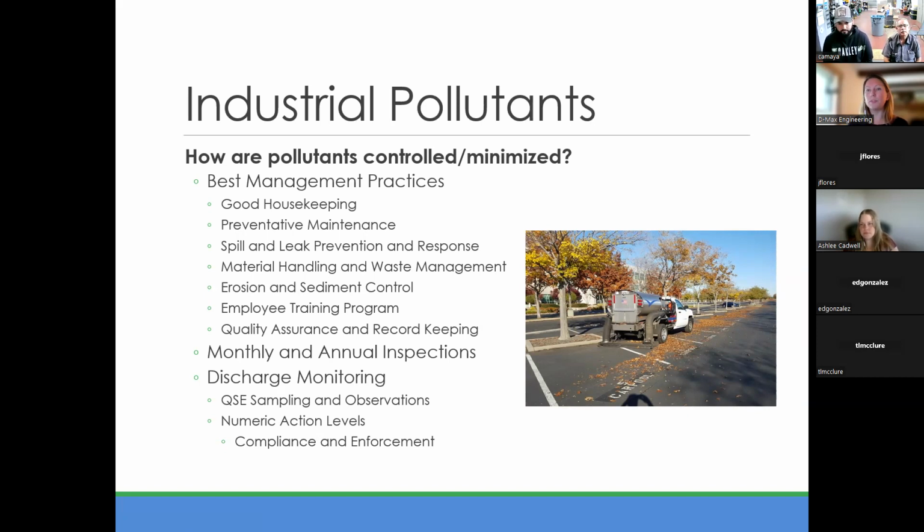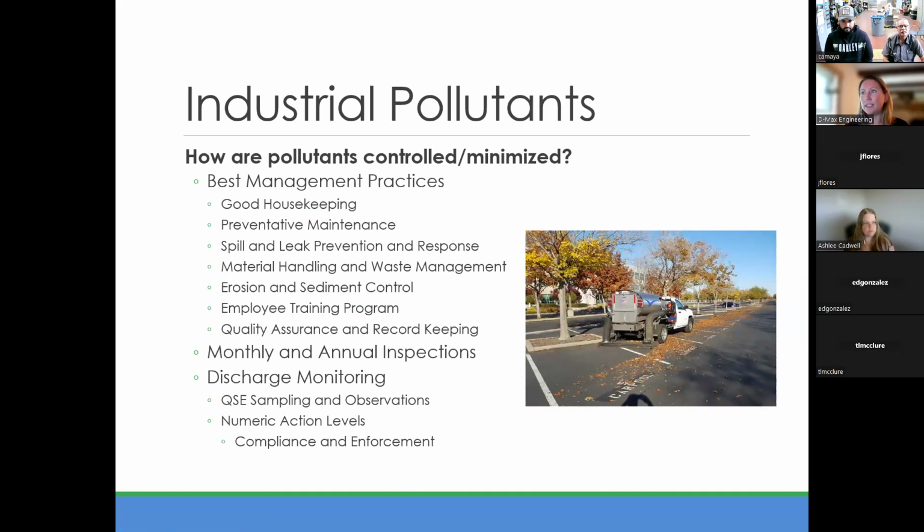So your SWIP is the most specific to the BMPs that you should be enacting on your site. We'll go through these individually, but you've got good housekeeping, preventative maintenance, spill and leak response, material handling and waste management, erosion and sediment control, employee training, which is why you're here today, and quality assurance and record keeping.